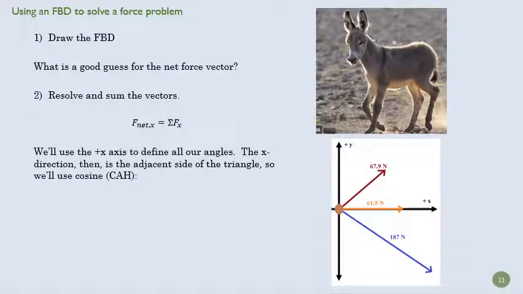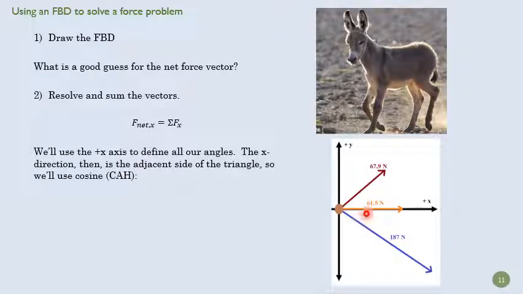So then we want to think about, okay, if my angles are here and here, and I want to figure out that component in the x direction, that's going to be the adjacent side of the triangle, right? If this is my triangle here, I want this side for the x direction, right? So that's going to be your adjacent. So that's cosine, adjacent over hypotenuse, okay?